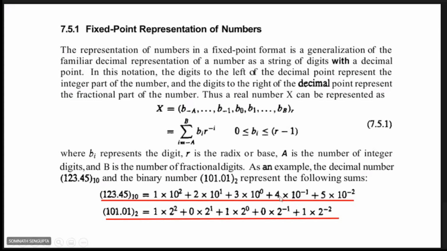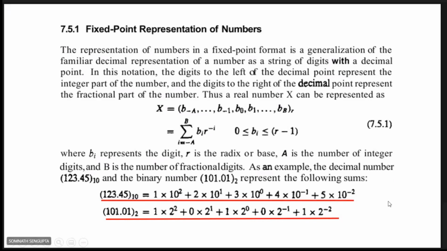Then this is before the point, and after the point they are multiplied with negative powers of 10, at the corresponding decimal points. So 4 into 10 to the power minus 1 plus 5 into 10 to the power minus 2. Okay.